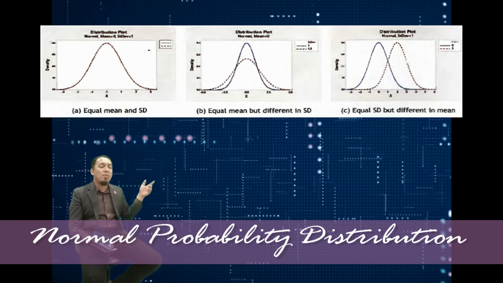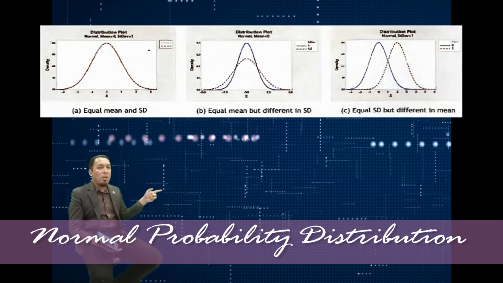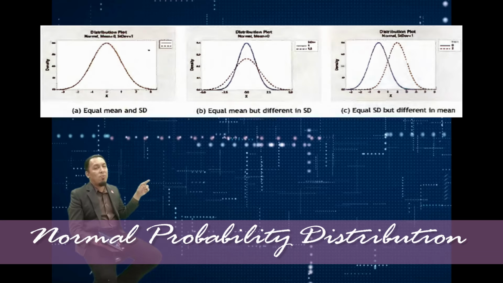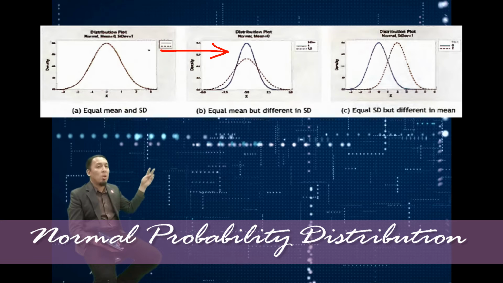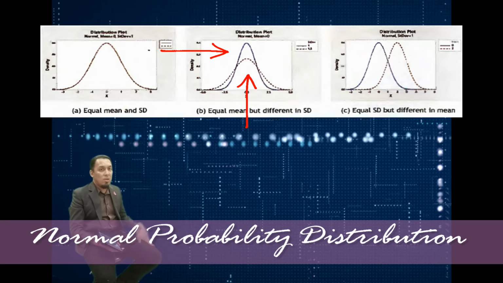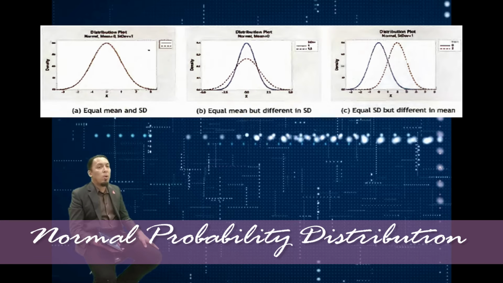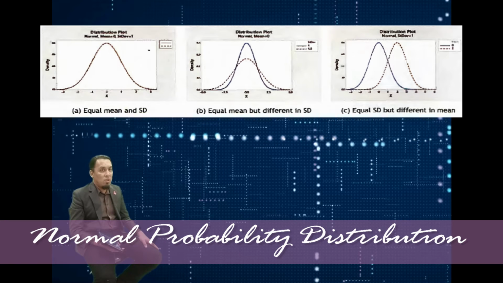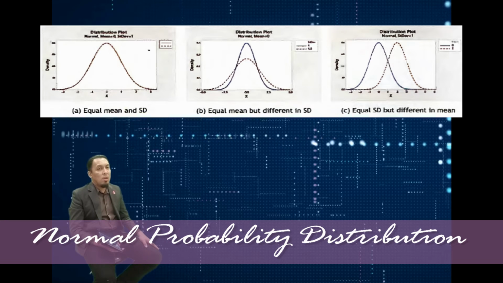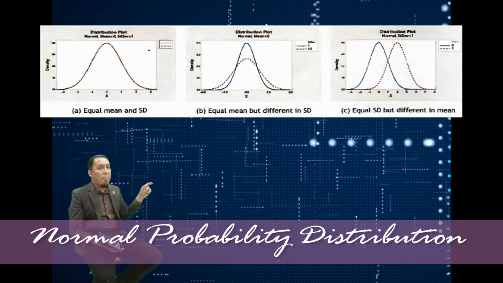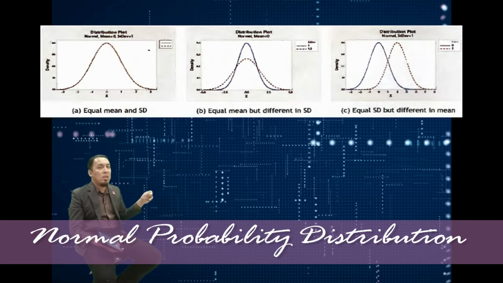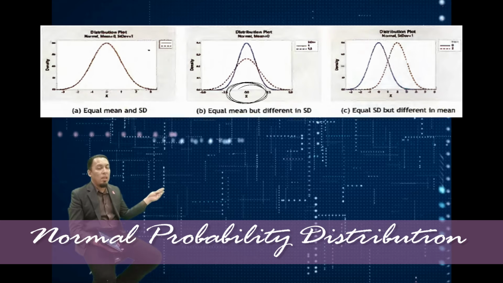Let's look at the second one. As you can see, you have one that is quite tall and the other one that is quite short. So what makes it different? They actually have the same middle value, which is the mean.